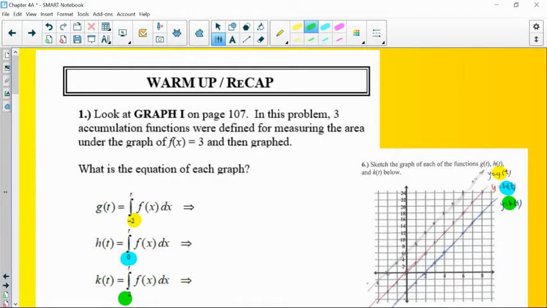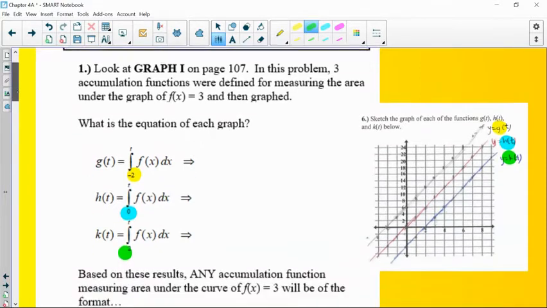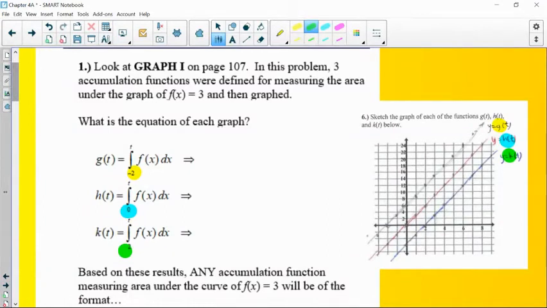When you sketch those data points, you got 3 parallel lines. Because they're all linear, we could easily come up with their equations. Look at the intercepts and look at the slope. It looks like g of t has an intercept of 6, and it's up 3 over 1, up 3 over 1.